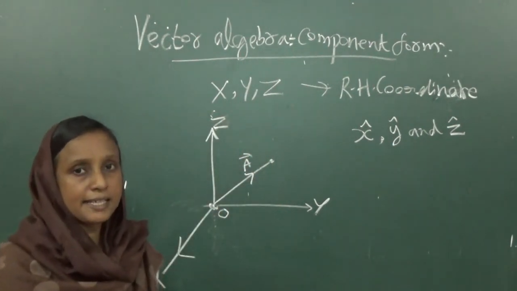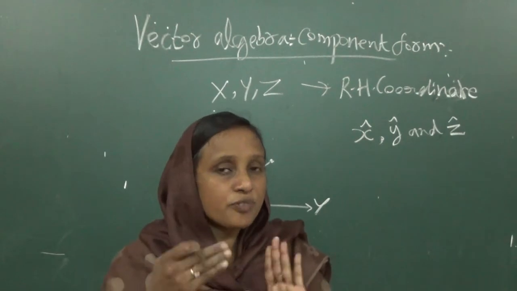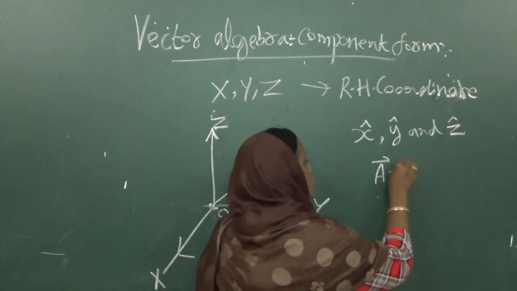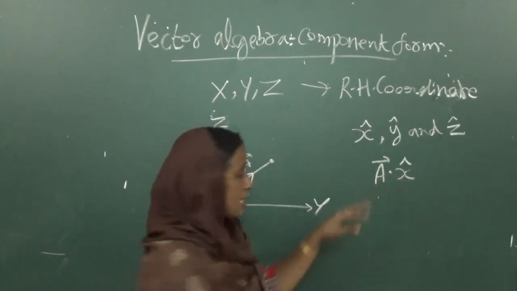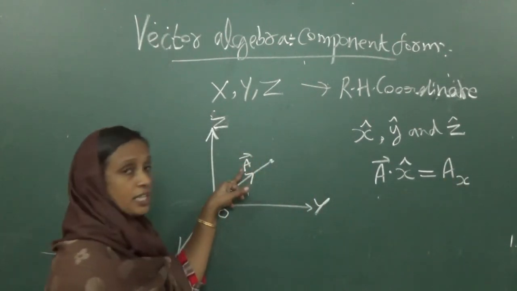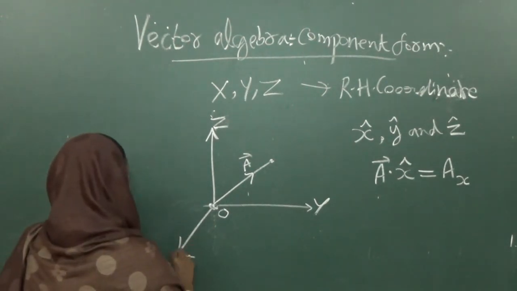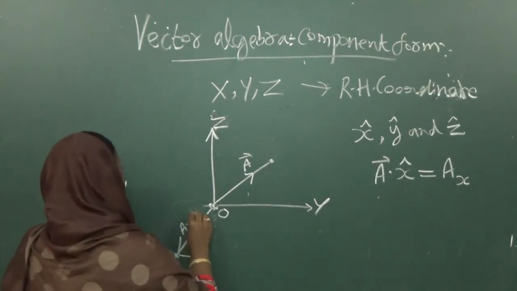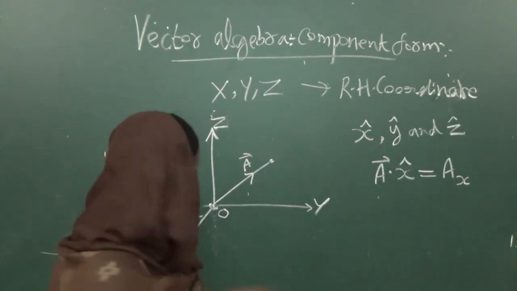In order to get the x component of vector A, we have to find its dot product with the unit vector along direction x. So vector A dot x cap gives us Ax, the component of vector A along the direction x. Suppose this is its magnitude, then this represents Ax x cap. This is its component.